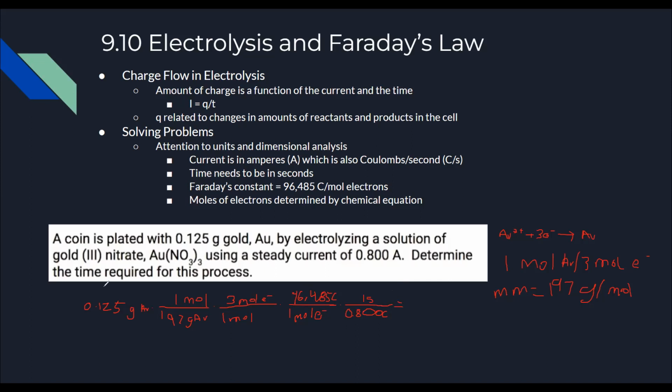And so, determine the time required. That basically gives us a value of approximately 230 seconds. So yeah, that's our answer. It takes 230 seconds for the gold to be electrolyzed.